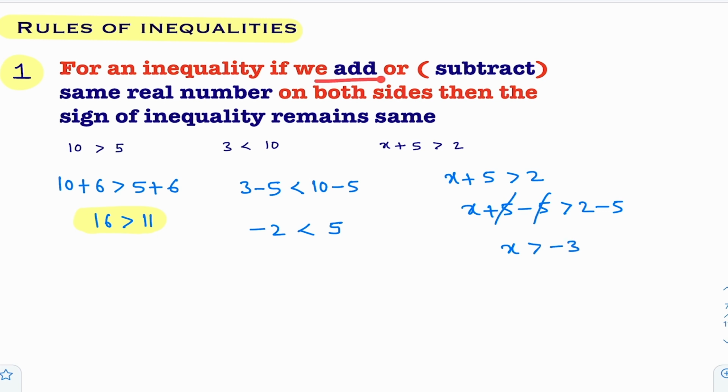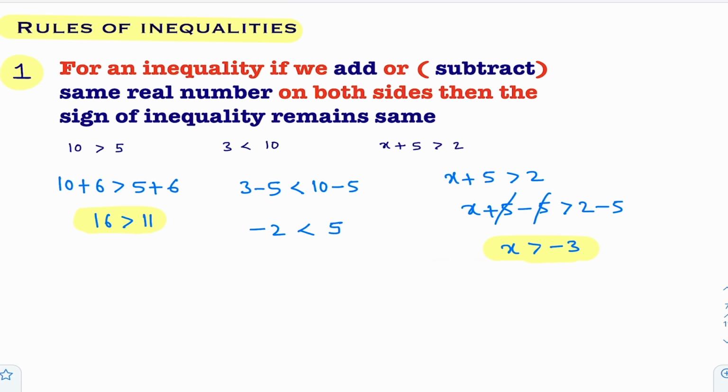Actually, whenever we add or subtract, you can simplify the same way as an equation, but when we multiply with a positive real number or a negative real number, things will change. That we'll discuss in rule number 2. So what you got here: if x plus 5 is greater than 2, then x is greater than minus 3. This is the solution of this inequality.